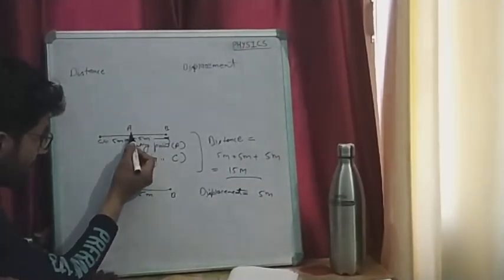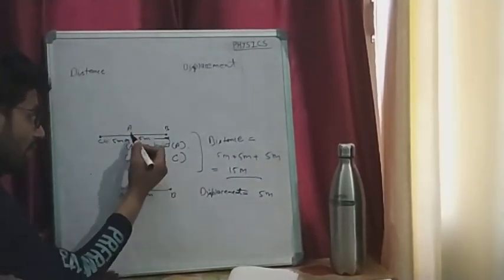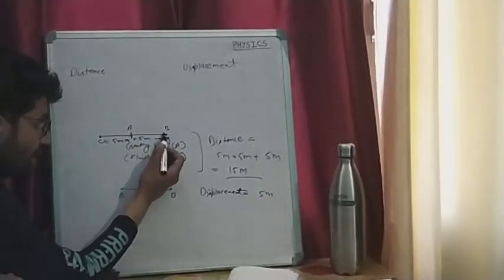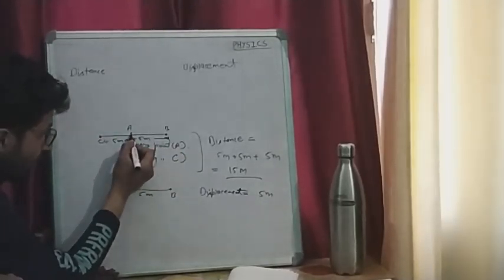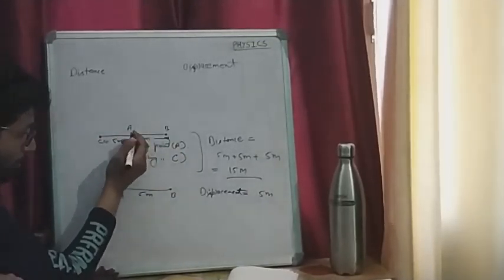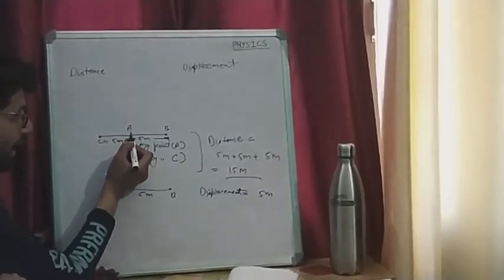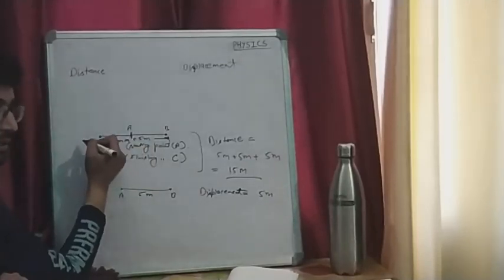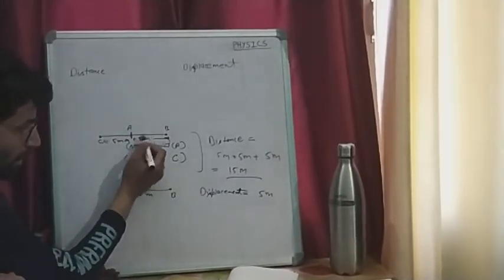Okay, so he is starting from here. We take the right side as positive and the left side as negative. So this is its initial position, but at last he moves toward the left, and its final position is towards the left. Then this will be negative and this will be positive.